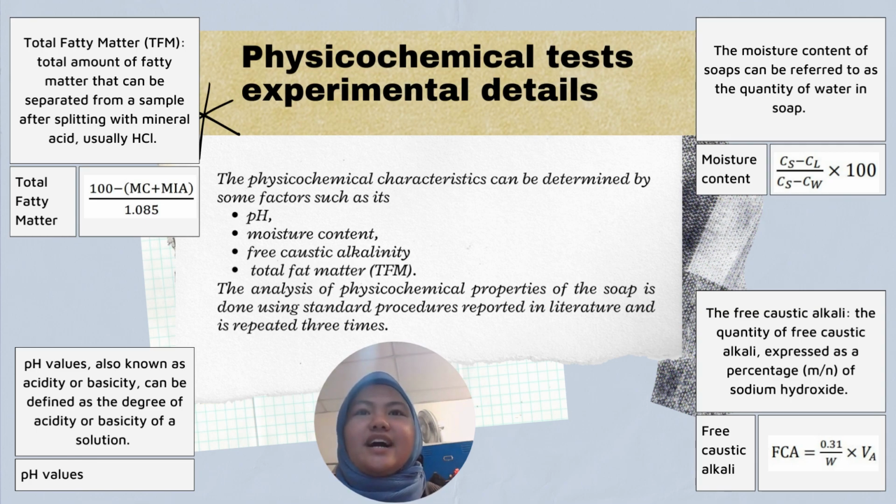The free caustic alkalinity is the quantity of free caustic alkali expressed as a percentage m over n of sodium hydroxide. The formula to find free caustic alkali, FCA, equals 0.31 over W multiplied by VA. And total fatty matter is the total amount of fatty matter that can be separated from a sample after splitting with mineral acid, usually HCl.